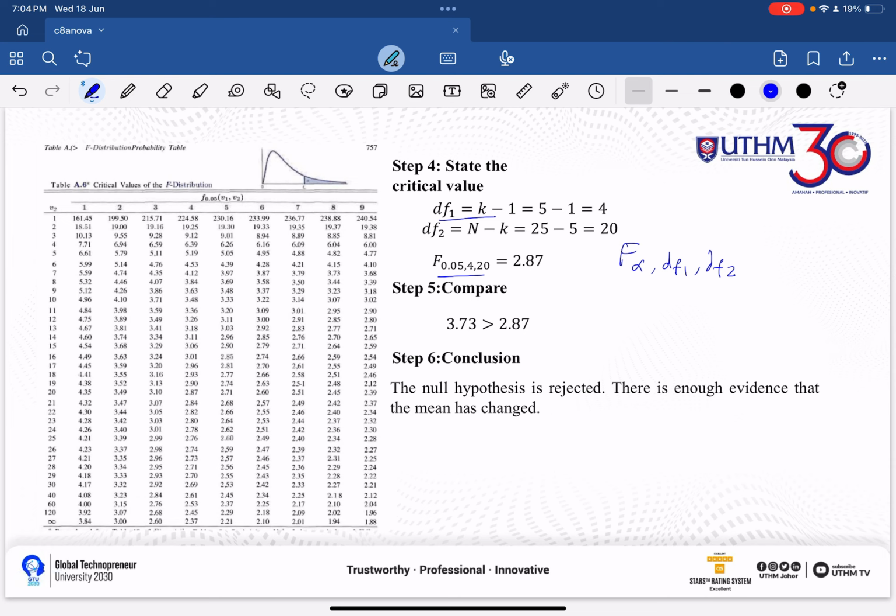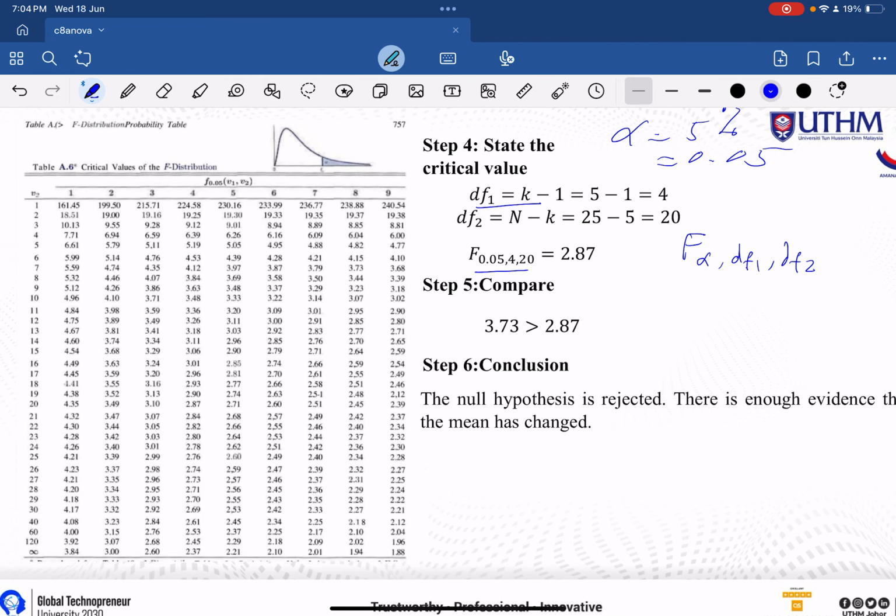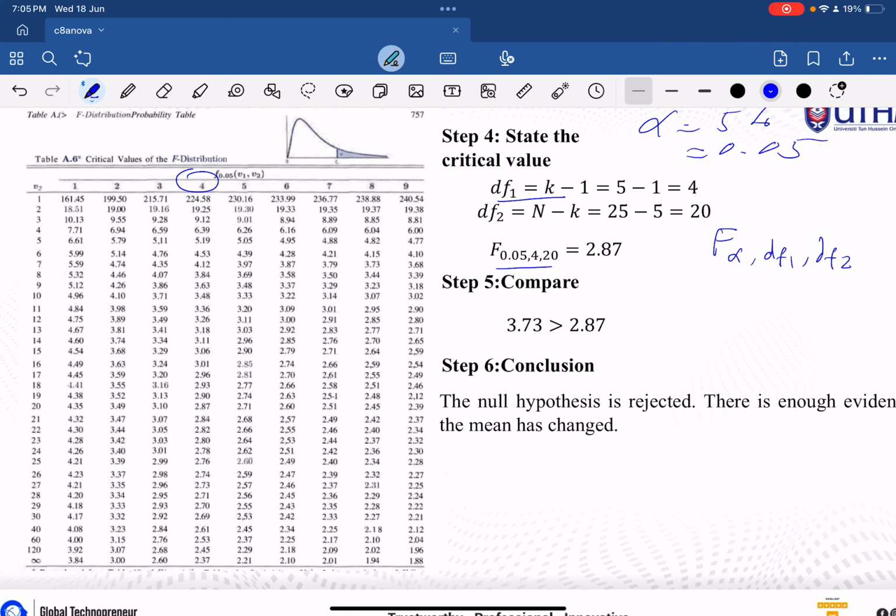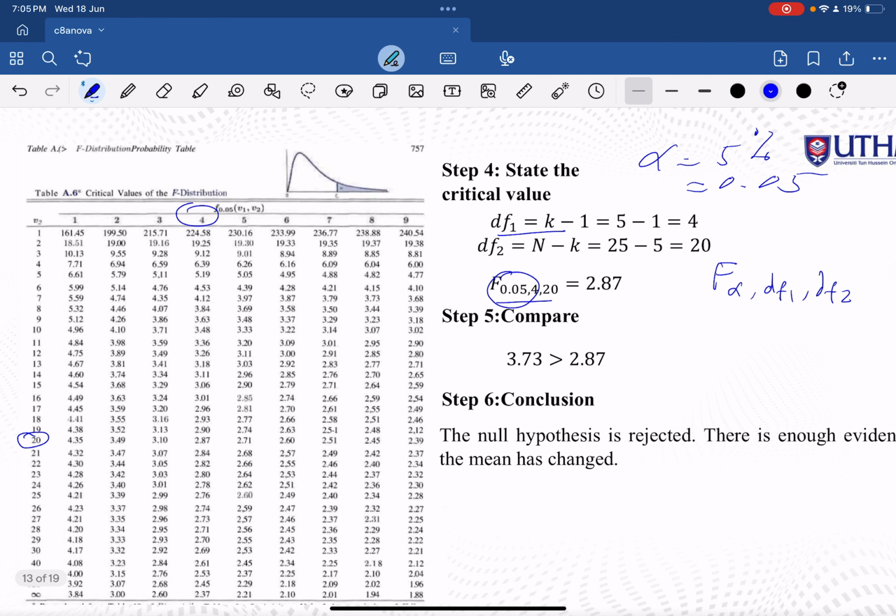And we know that our alpha is 5%, so 0.05. From the F distribution table, find degree of freedom 1 is 4 and degree of freedom 2 is 20. This is the table for 0.05.